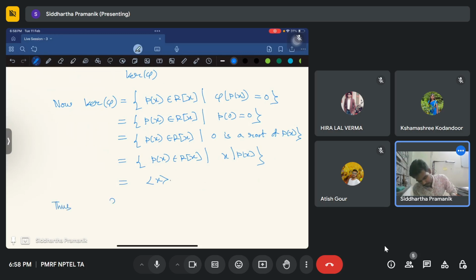Hence, R[x] mod the ideal generated by x is isomorphic to R. Is it okay?